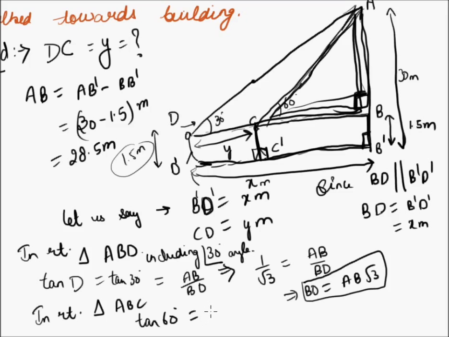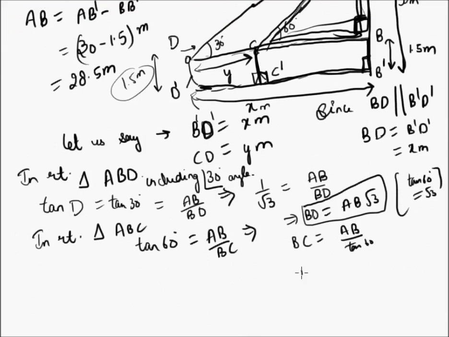So tangent 60 degree is AB over BC, implies that BC is AB over tangent 60. Now friends, tangent 60 degree is under root 3, so BC becomes AB over under root 3.